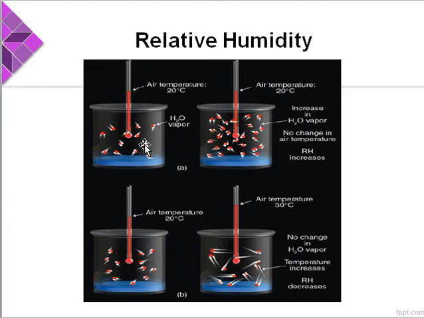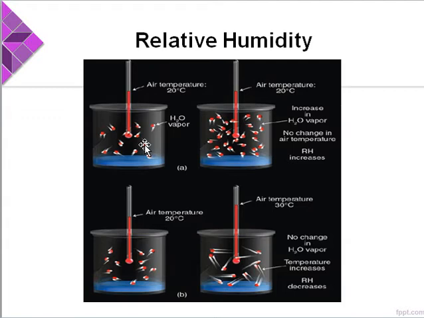So, as more and more water vapor molecules are added, the air gradually approaches saturation, and the relative humidity of the air will increase. Conversely, removing water vapor from air decreases the likelihood of saturation, which lowers the air's relative humidity.